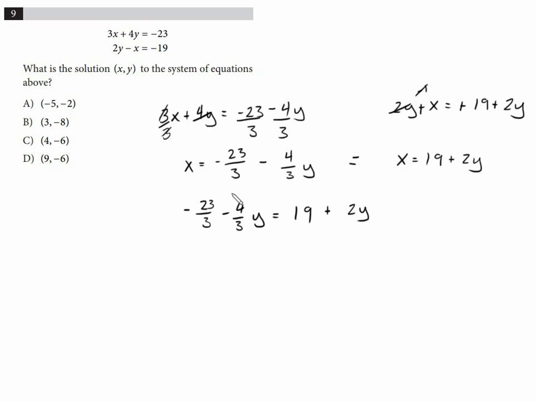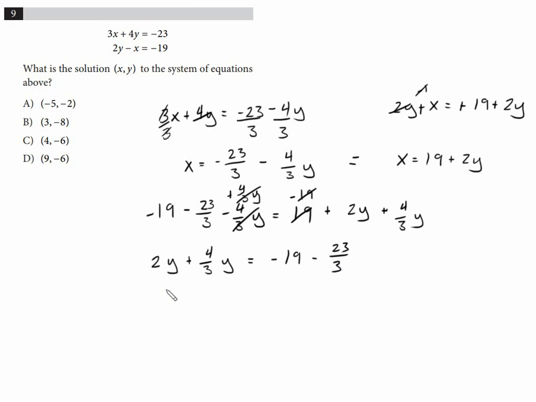So if we add 4/3 y, that cancels, and subtract 19, so now we can rearrange the formula to look like 2y plus 4/3 y equals negative 19 minus 23 over 3.